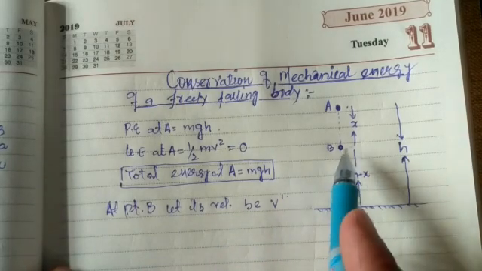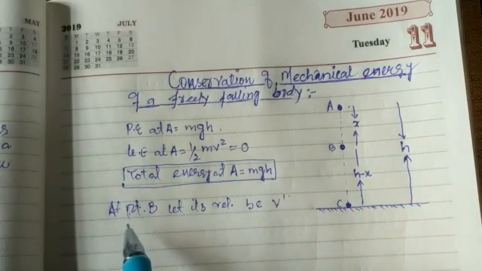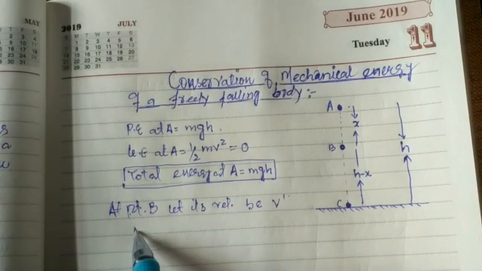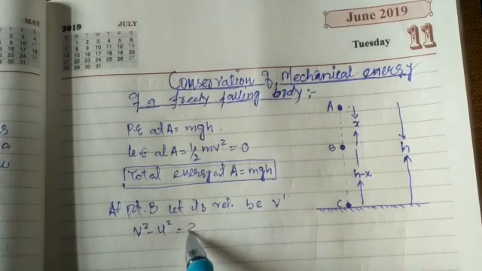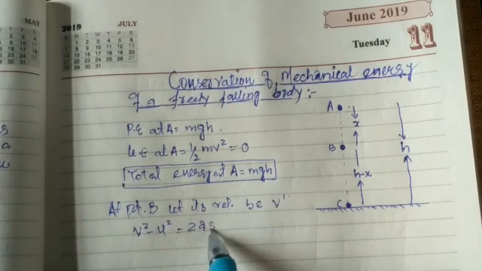In order to find out this v dash, we can calculate it by using the formula v² minus u² equals 2as.